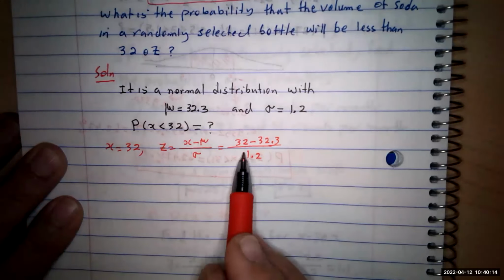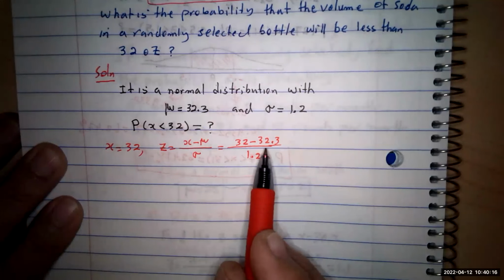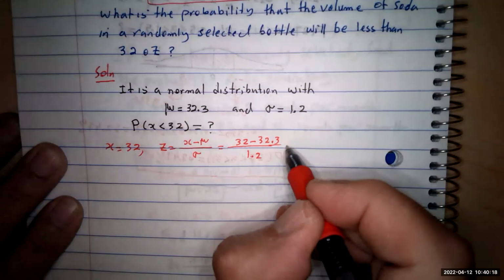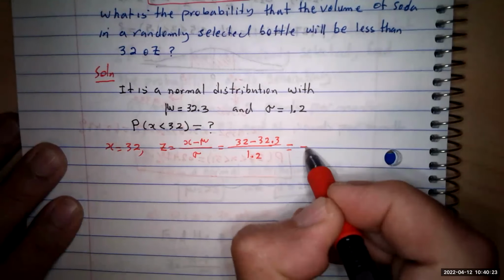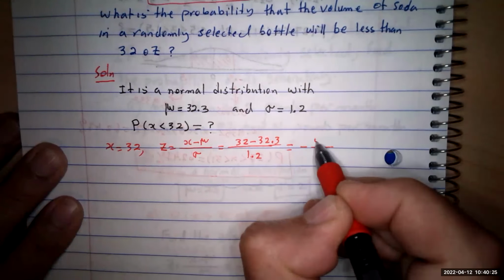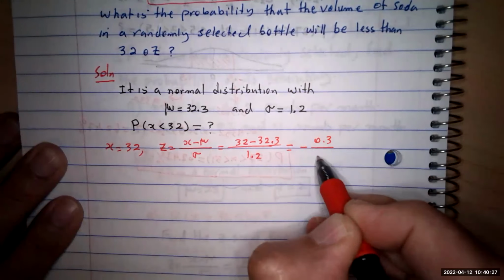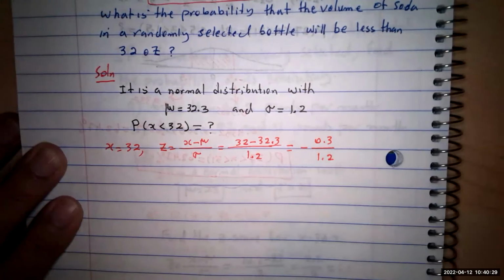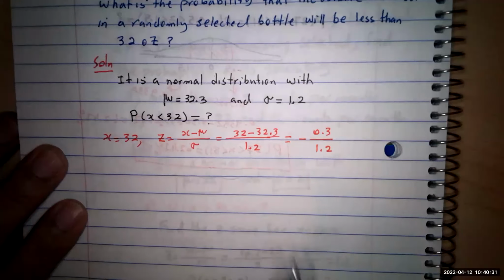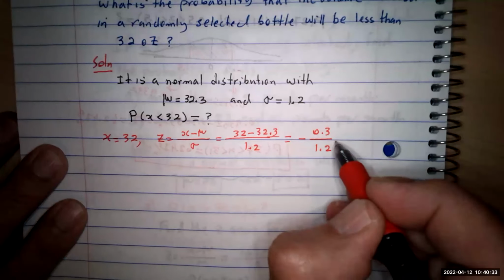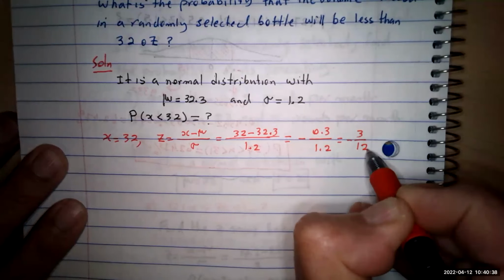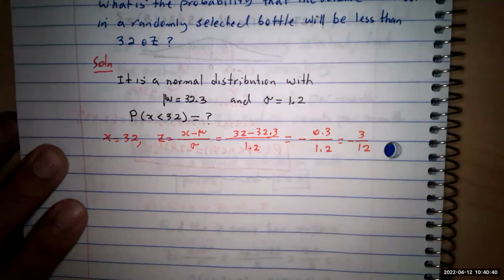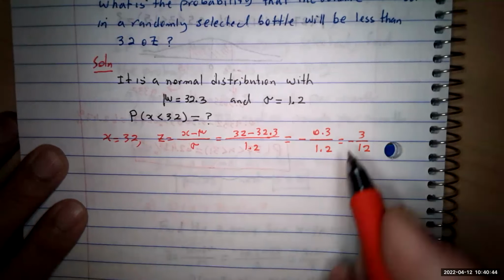You subtract it. Make sure you get the sign right. This is going to be negative. On the top, it's going to be negative 0.3 over 1.2. Simplify it. You can drop the decimals if you like, so that gives you 3/12, which is a quarter, 0.25.